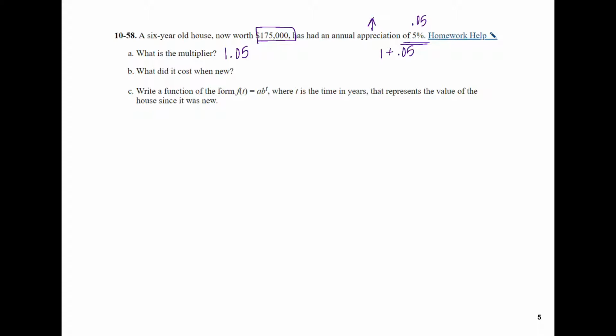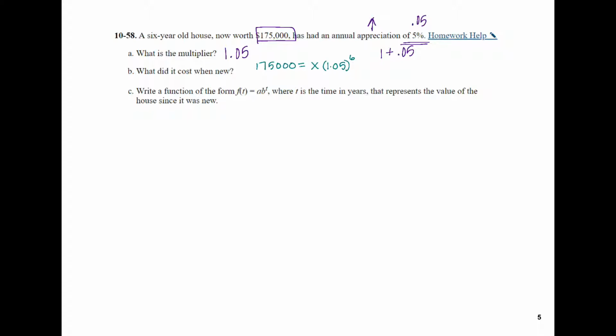What did it cost when it was new? Well, we are talking about a home that is currently worth $175,000. We want to know what it was worth when it was new, so we're going to take the initial cost times the multiplier raised to the 6th.